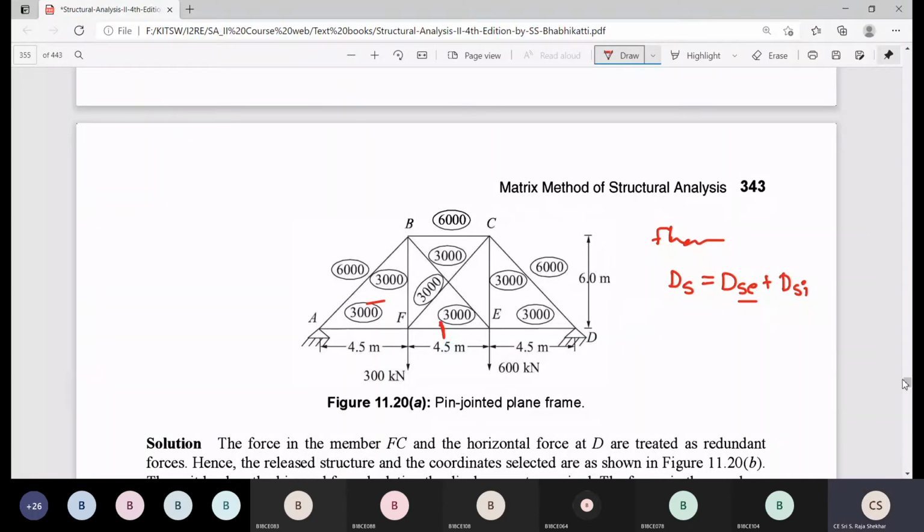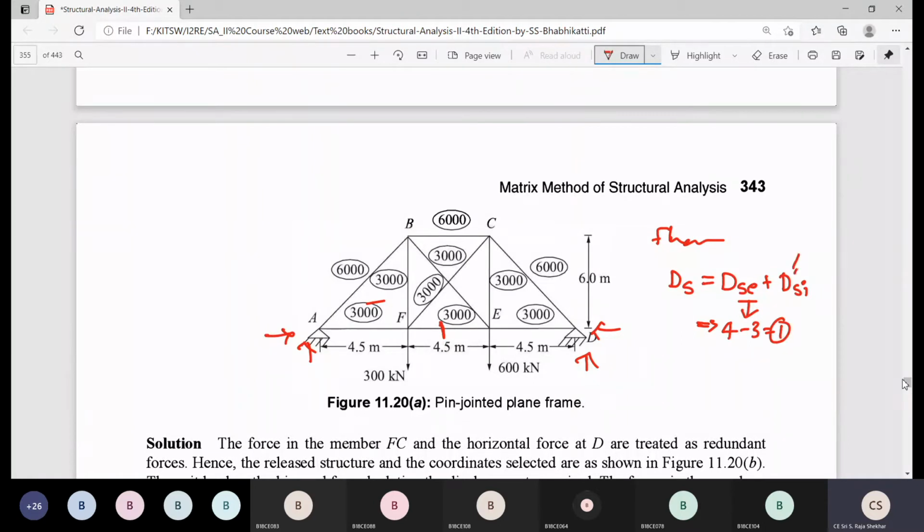So DSE is equal to the number of unknown support reactions minus the equilibrium equations. Here we have two support reactions and one equilibrium equation.